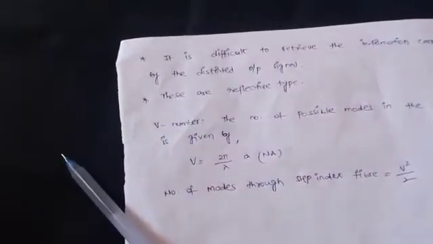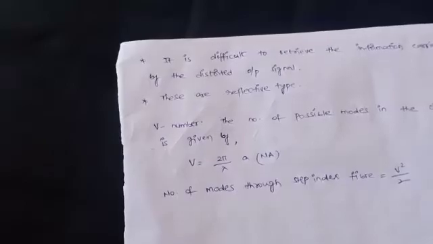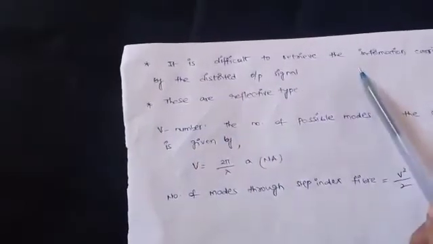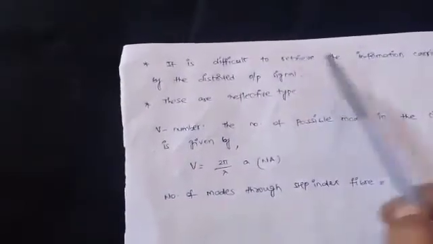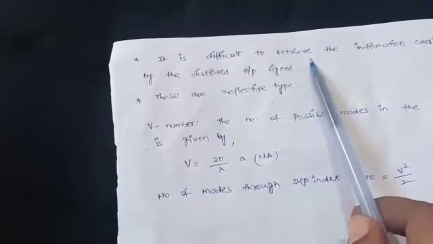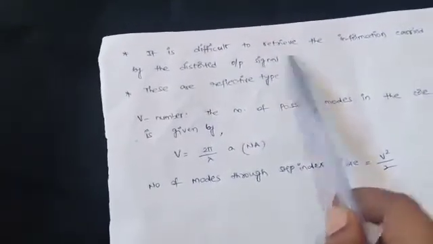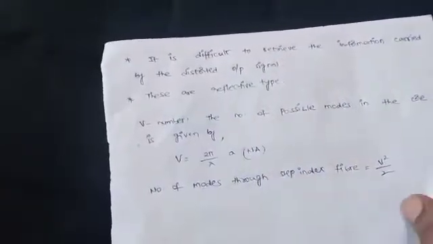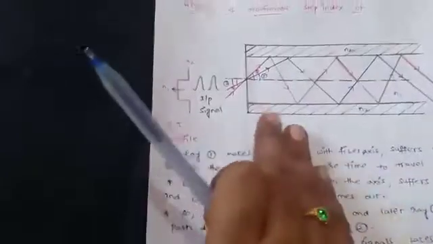There exists path difference. Why does path difference exist? Ray 1 travels for more time than ray 2. So that's why intermodal dispersion takes place. In the distorted signal we can't retrieve the total information. And again, these are the reflective type, because reflections take place.